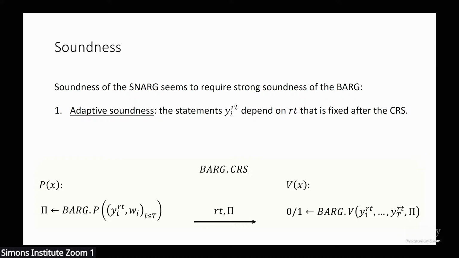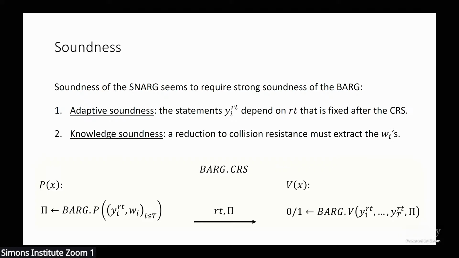In this protocol, the statements are defined by the root of the hash tree, and the root of the hash tree is sent together with the proof. So there's nothing preventing a cheating prover from selecting this root as a function of the CRS. So if we don't have adaptive soundness, we're kind of dead in the water. So we need adaptive soundness.